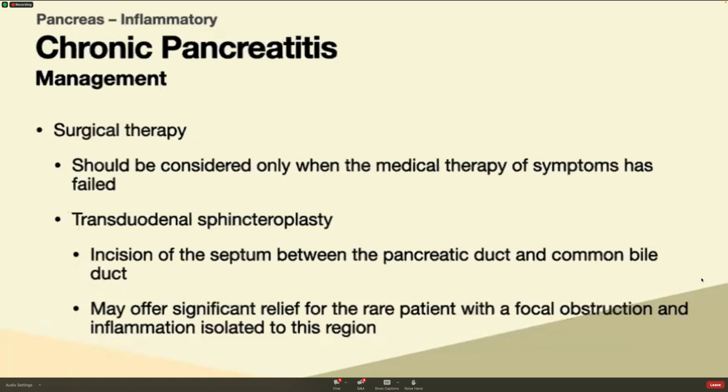We now go to surgical therapy for chronic pancreatitis. One option is to do a transduodenal sphincteroplasty, but this is limited only to patients with focal obstruction and inflammation isolated to that area.